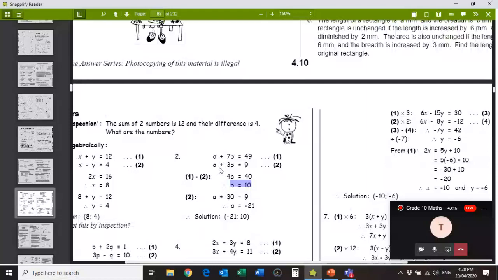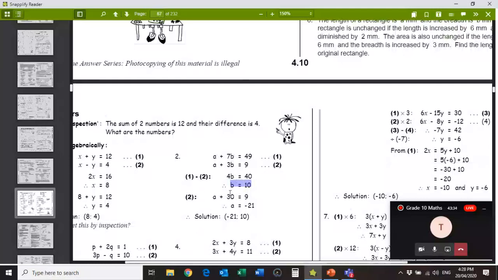Now we have B, so now we want A. How do I get A? I'm just going to substitute this 10 into B's place because B is equal to 10. If I do that, it's going to be 3 times 10, which is 30.